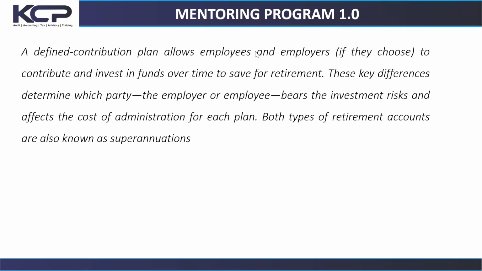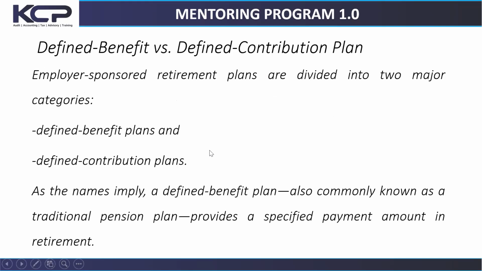So you will have heard the older generation saying governments have not paid them their pension and all of that. What they are referring to is the defined benefits plan.